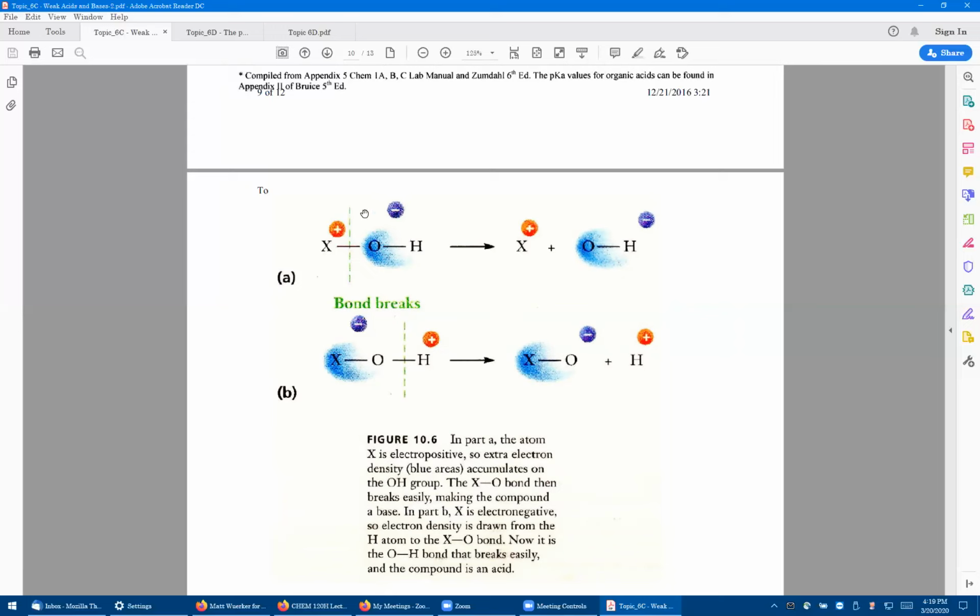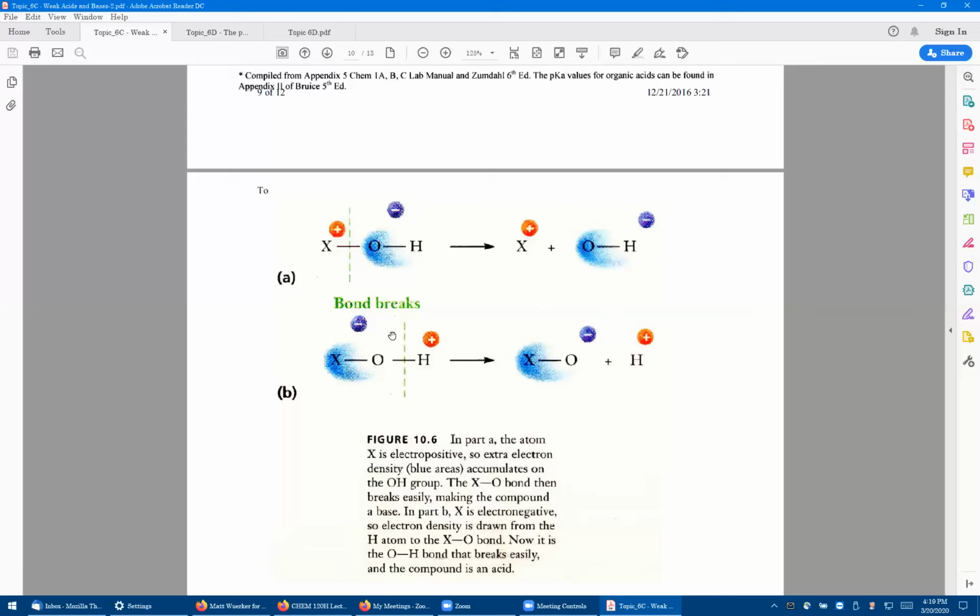In that case, this thing is acting as a base, of course. An example of this might be sodium hydroxide, where X is sodium, for example. And so it means that this XO bond is very weak. In fact, it's so weak that sodium hydroxide in solution actually dissociates into ions like this. It doesn't need any help at all.